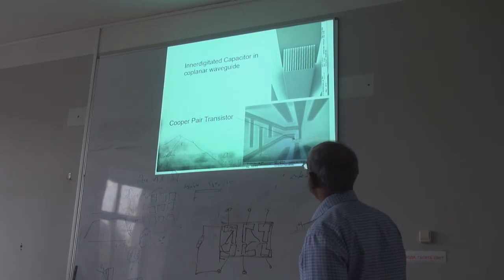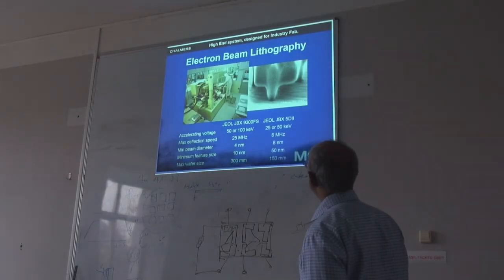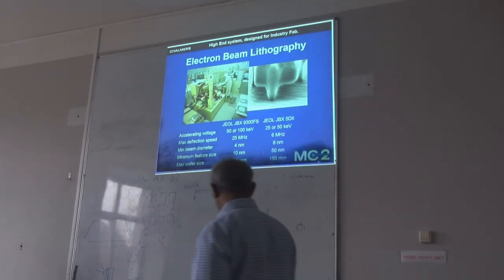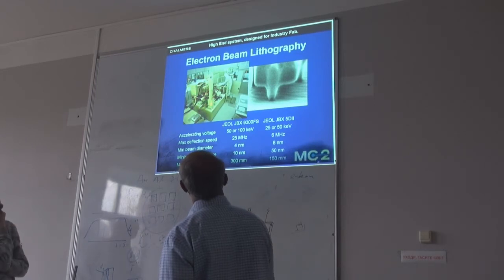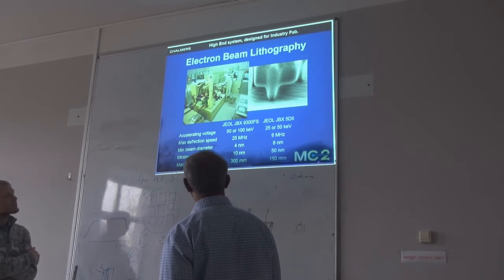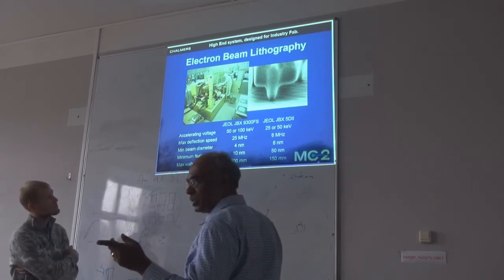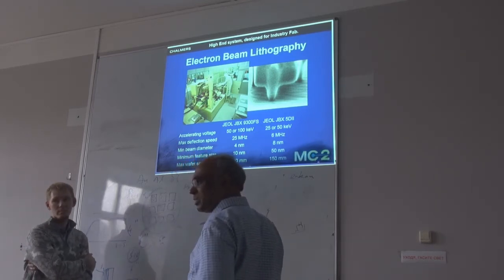So you can see a lot of these transistors. This is not from my work. This is the scanning electron microscope, used for the E-beam lithography. The good thing is, we also have the JEOL. Actually, you use the JEOL one, right? Yes.